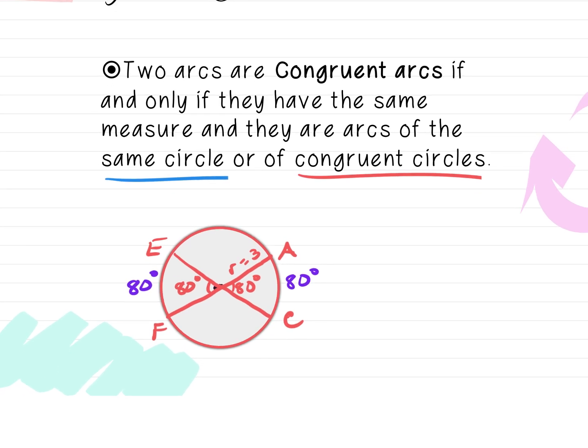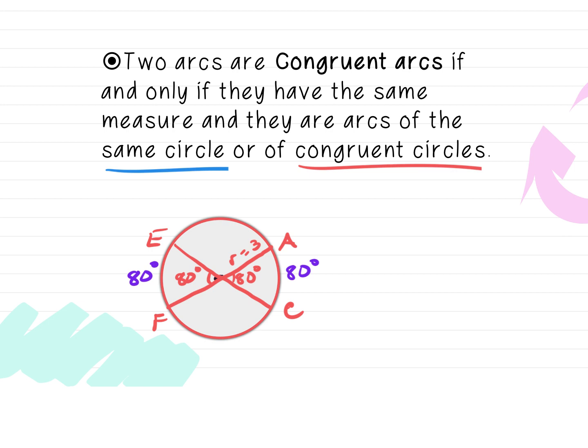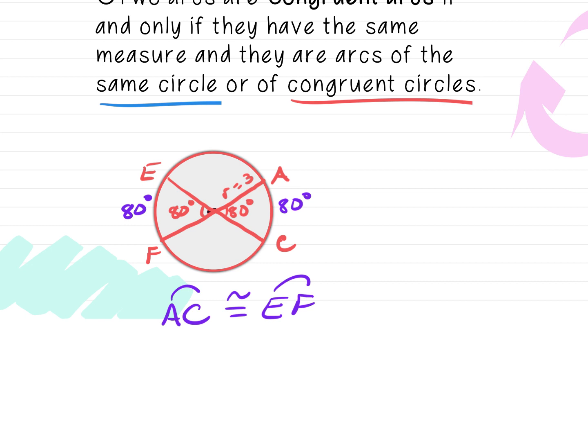So because I have 2 arcs with the same measure within the same circle, I can state that arc AC is congruent to arc EF because they have the same measure and they're in the same circle. So in order to state this, they have to be the same circle and they need congruent arc measures.